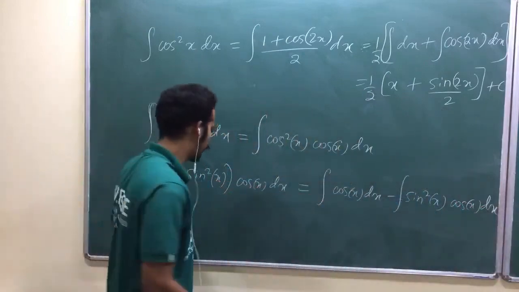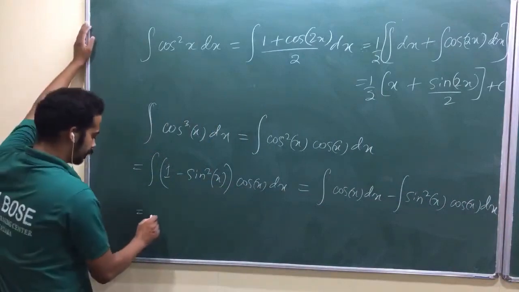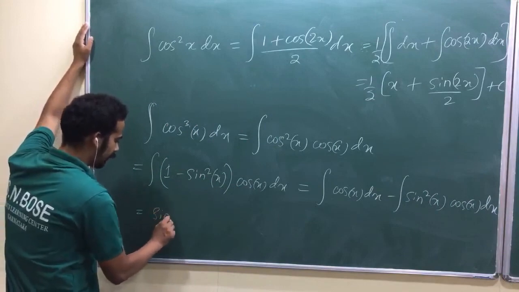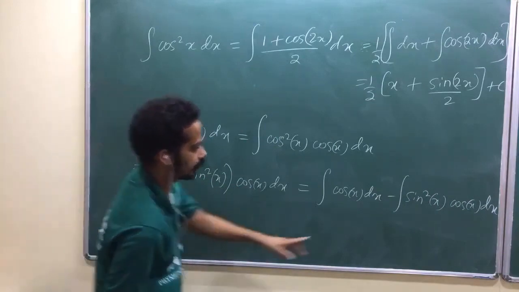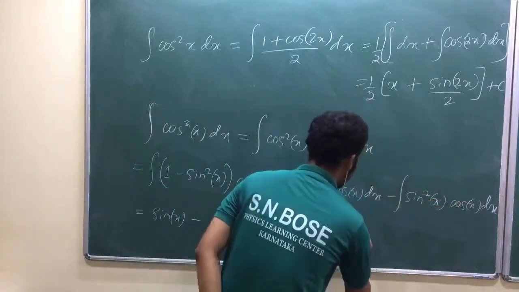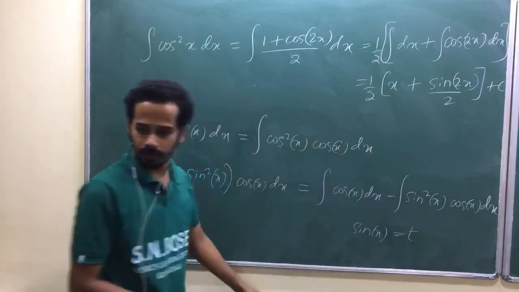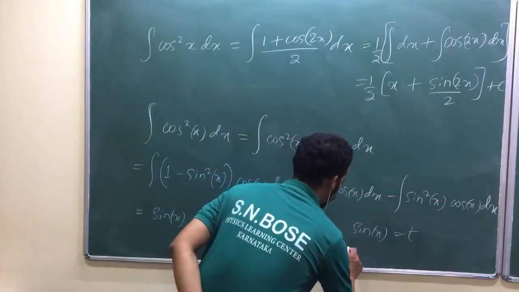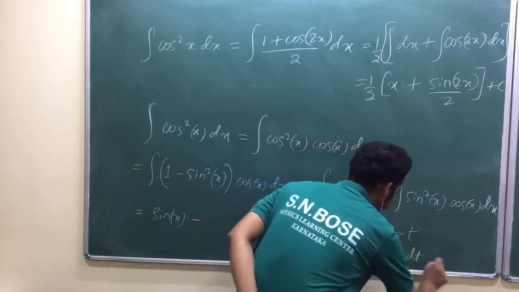So the first part you can do directly, isn't it? What is that first part? Integral of cos x dx is sin x or minus sin x? Sin x. So minus, what you have to do here, in this part of the integral, is substitute sin x is equal to t. I hope you know how to do integration by substitution, isn't it? So then cos x dx is equal to dt.